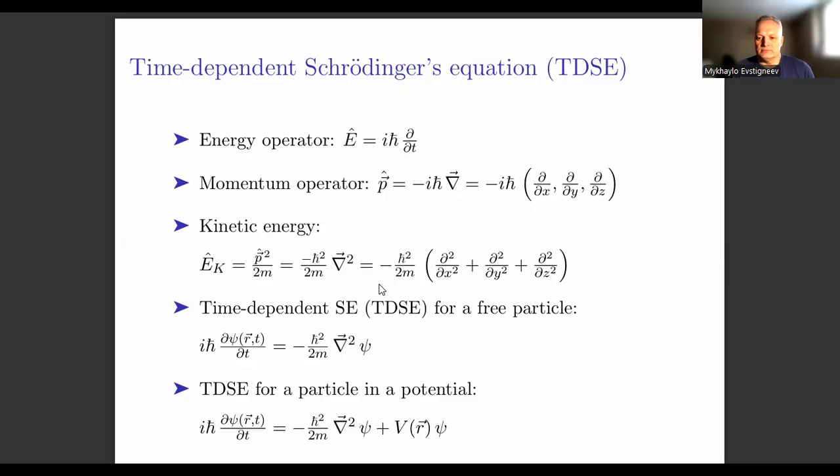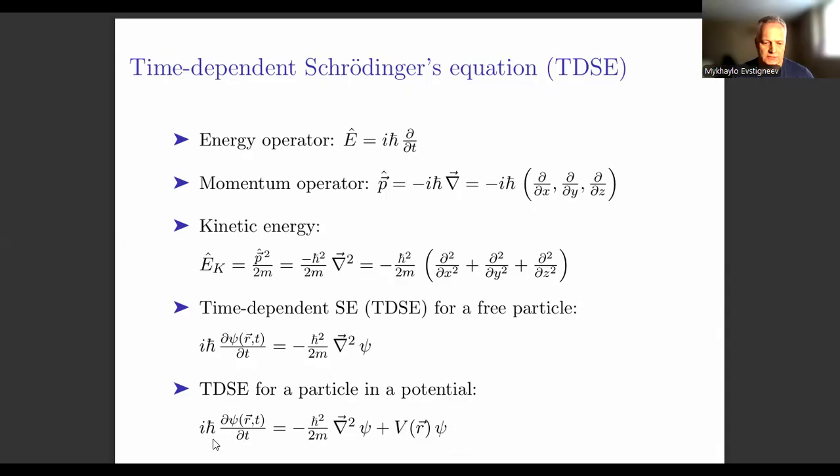Now it's a simple further step to include an external potential in which the particle finds itself. On the right-hand side of the time-dependent Schrödinger's equation, you have kinetic energy. All you need to do is to include the potential energy, which is given by the product of the potential energy function V of r with the wave function of the particle.